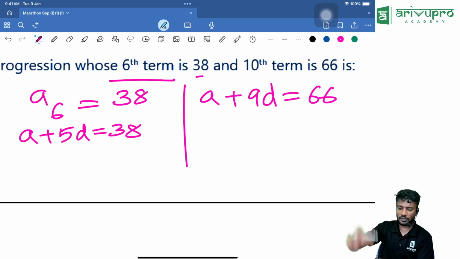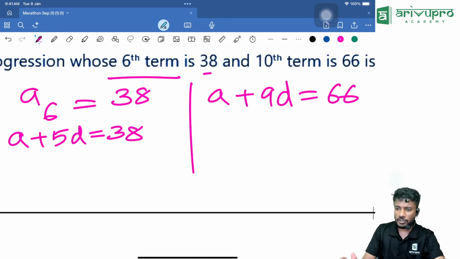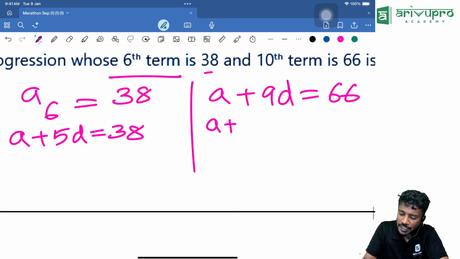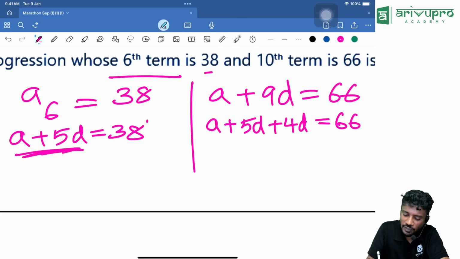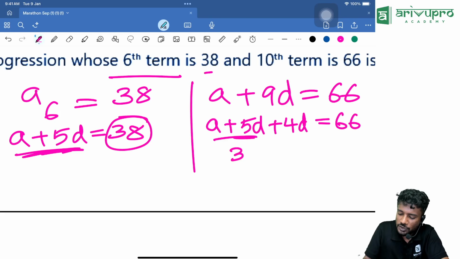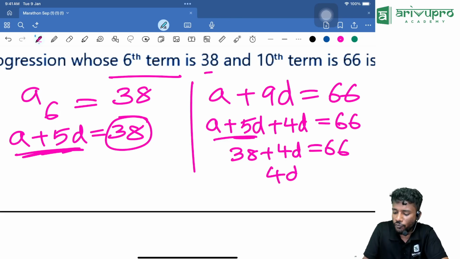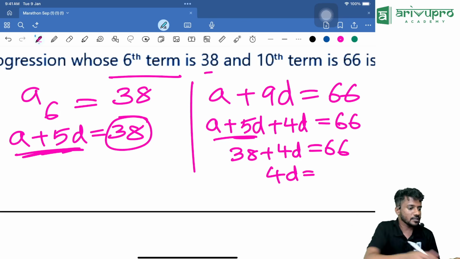Now I am going to make a small change here. Everyone listen carefully. Rather than elimination and all, I will just use another method. Substitution. So I will split A plus 9D as A plus 5D plus 4D, which is equal to 66. Instead of A plus 5D, what you will put? 38. So 38 plus 4D is equal to 66. So 4D is equal to 66 minus 38, which is 28.